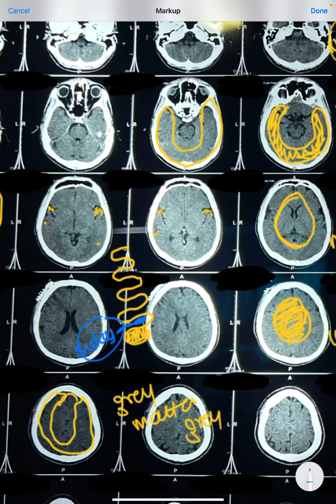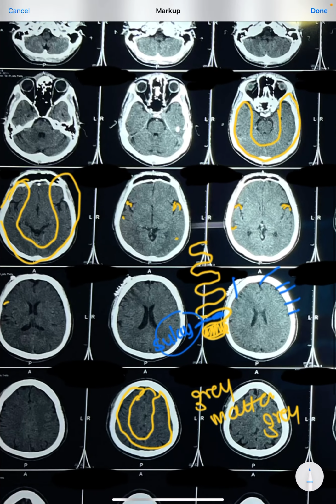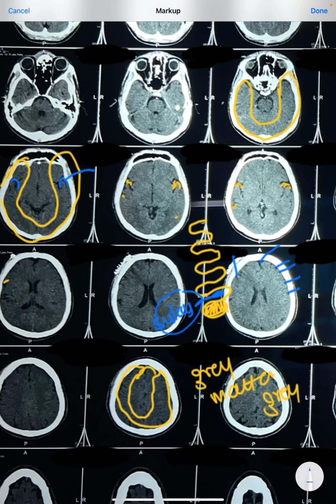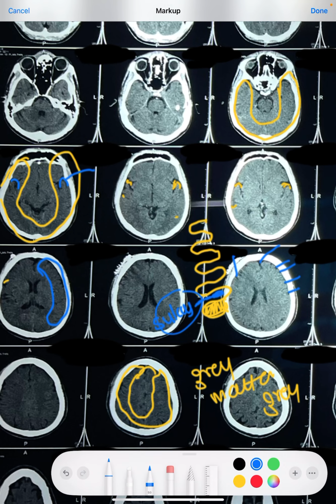So here this black is sulcus, this black is sulcus, and so on. So we have pretty good sulci present everywhere. So this is all sulcus, means there is actually vacant space, and there is no swelling of this gray matter. This gray matter is not swollen.